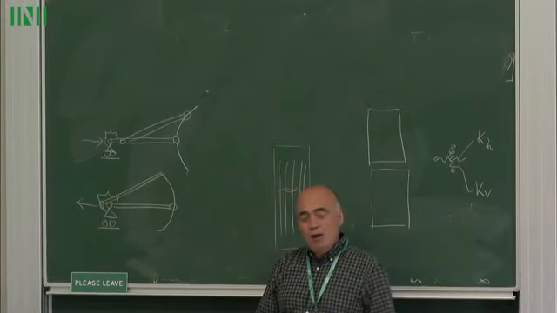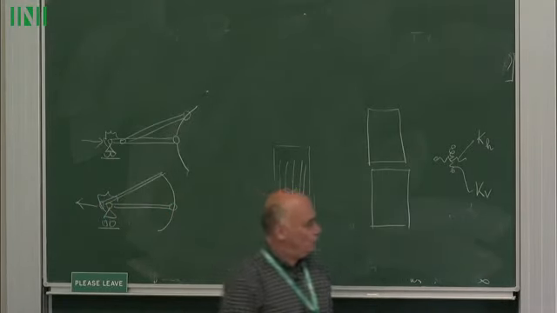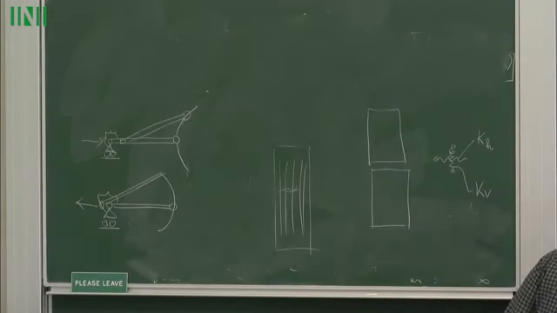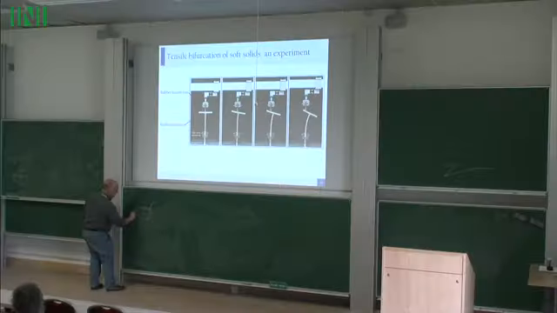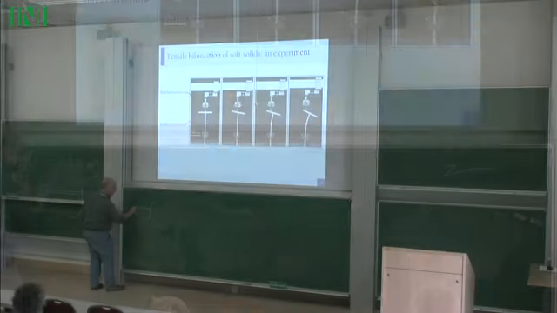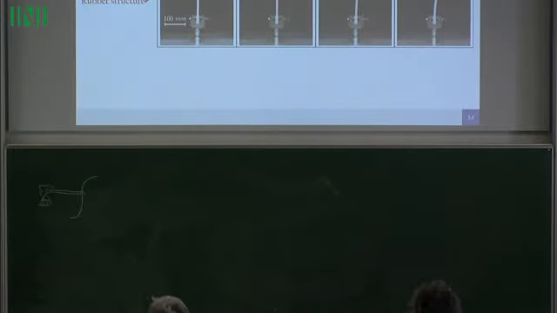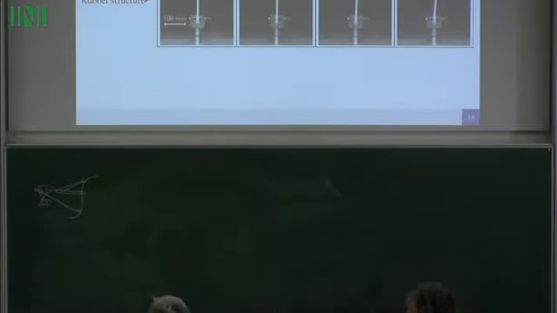Now if we combine together these two structures, we get something like this. And now this structure has a bifurcation in compression and a bifurcation in tension. 1 degree of freedom, 2 bifurcations.